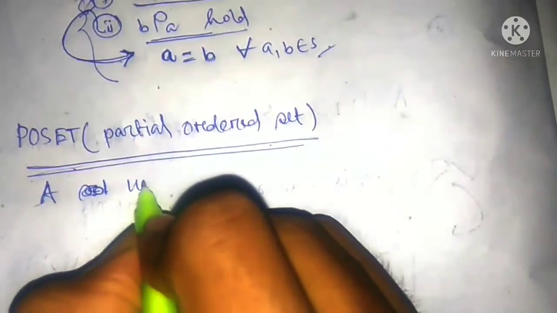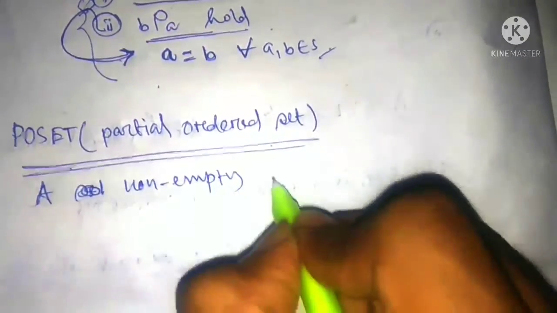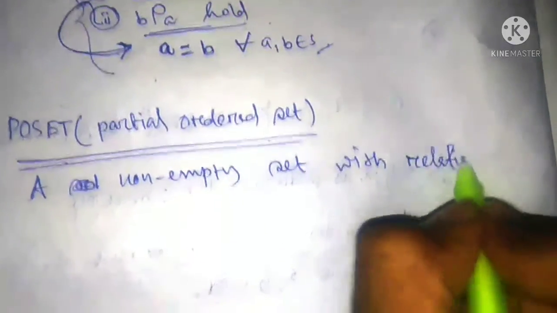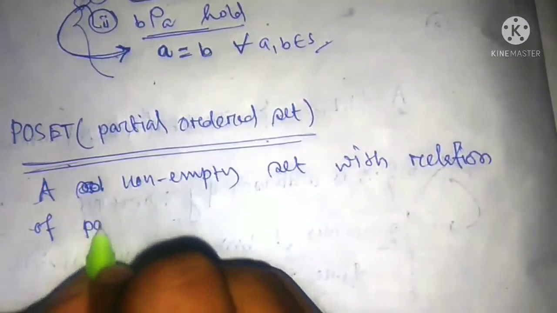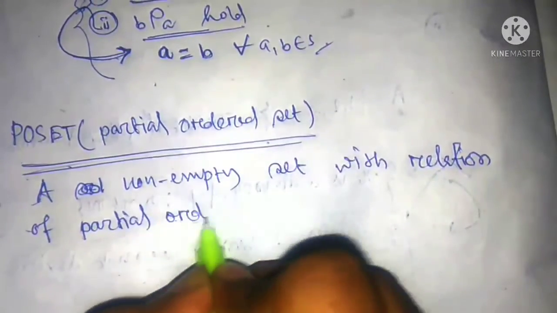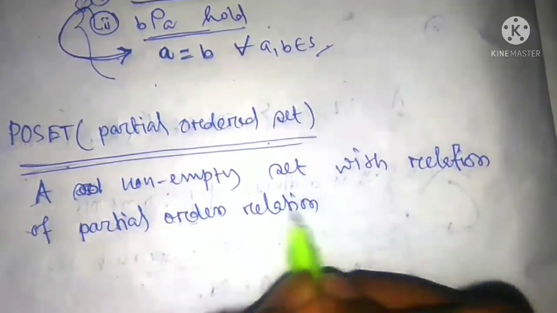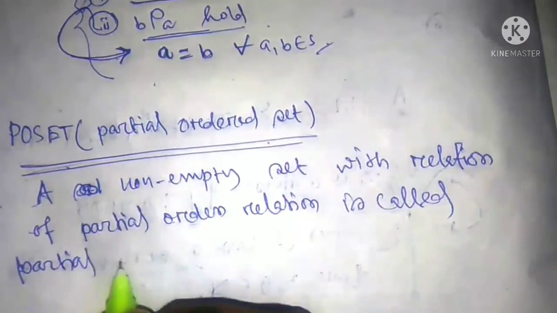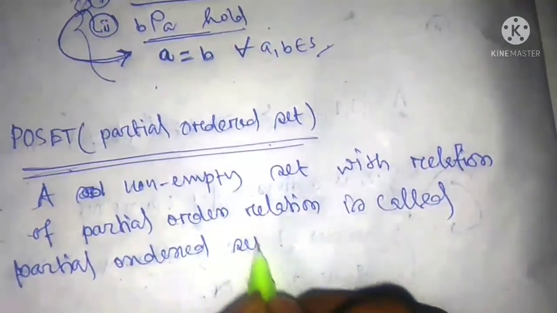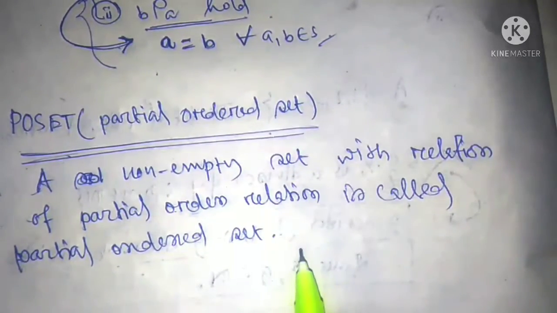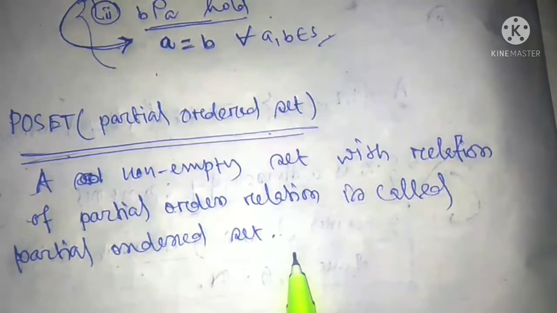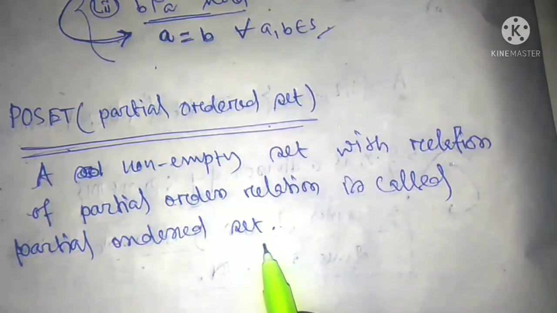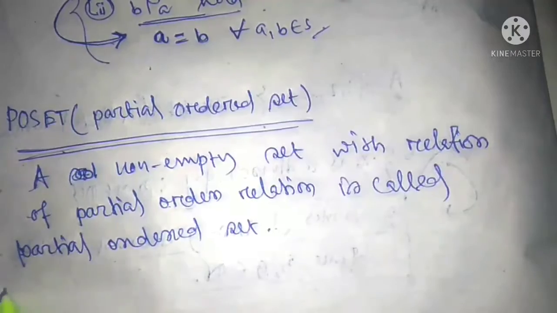A non-empty set with a partial order relation is called a partial ordered set. That is, a set with a partial order relation, that is a poset. So I will show you an example of a partial ordered set.